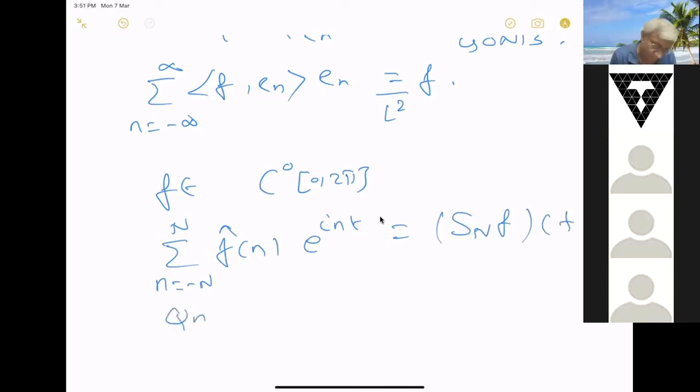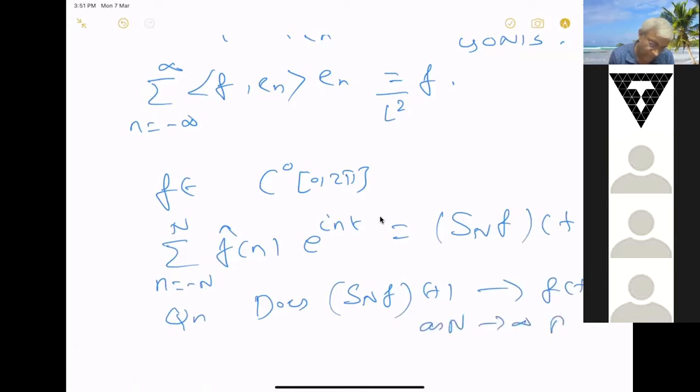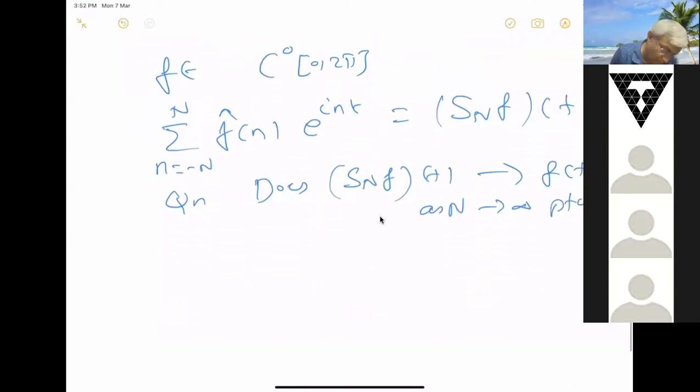So the question is, does S_N f(t) converge to f(t) as N goes to infinity pointwise? We know that the convergence happens in L2, but whether this converges pointwise is the question.